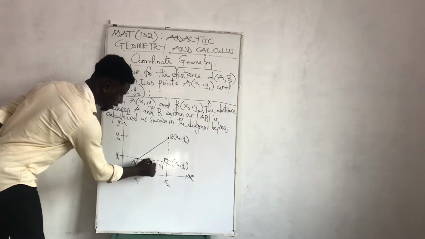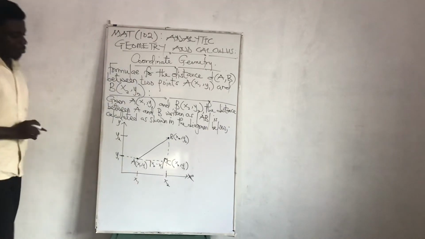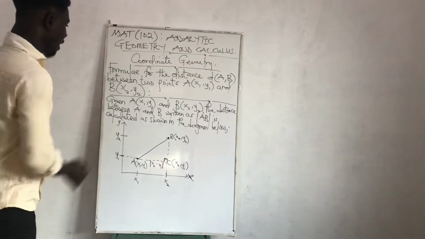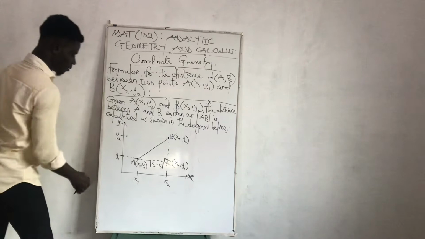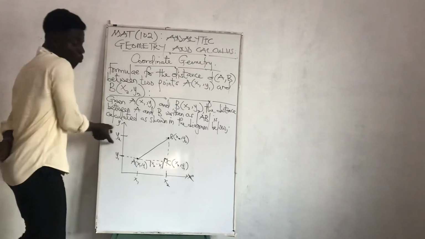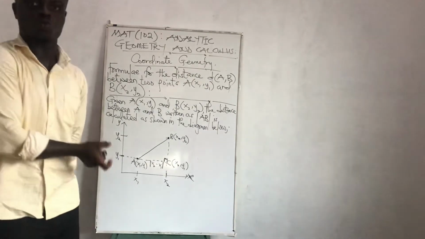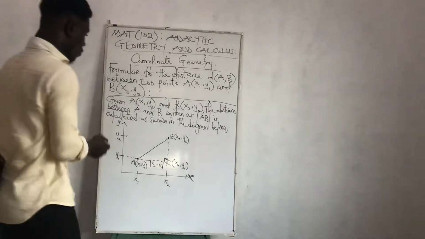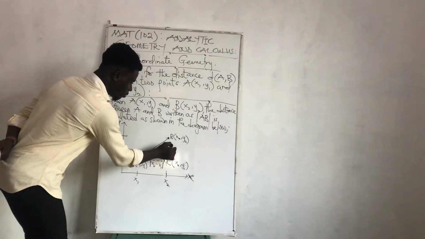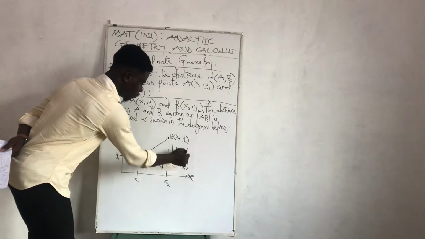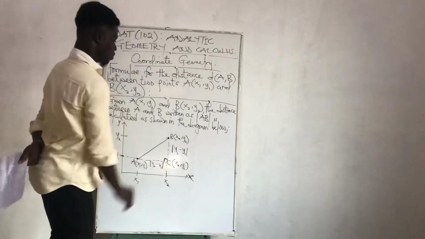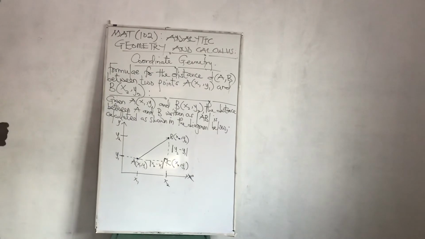So I've placed that: x2 minus x1. Likewise, when you come to the y-axis, you can subtract y1 from y2 easily, because y1 is less than y2. So I have y2 minus y1. So we have it like that.